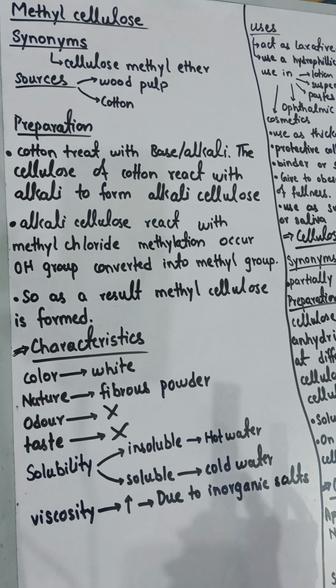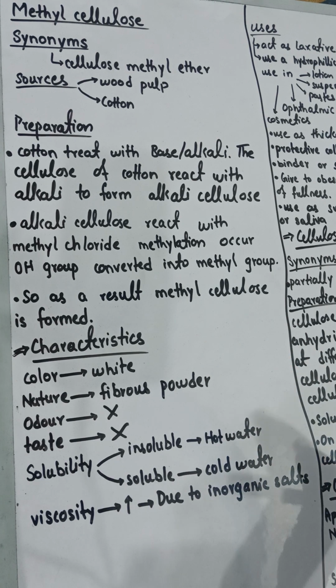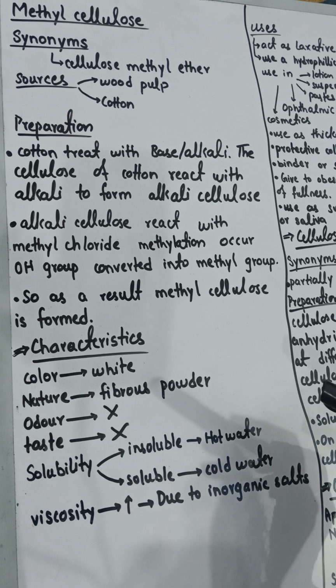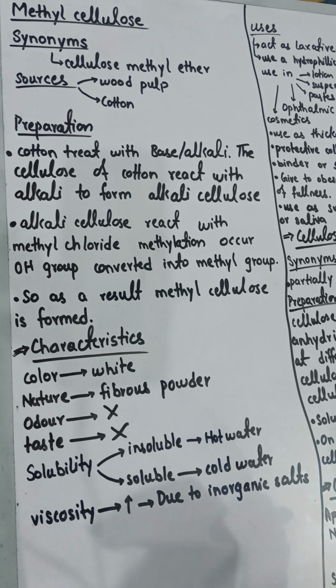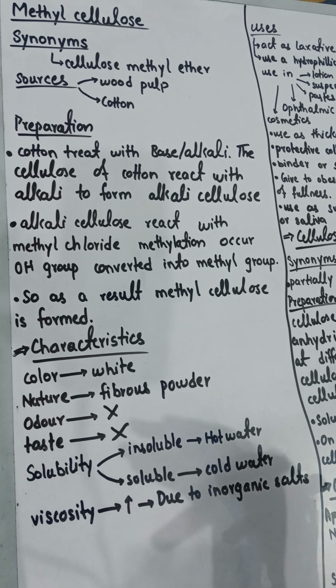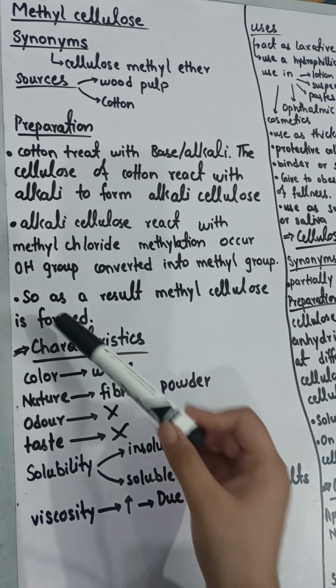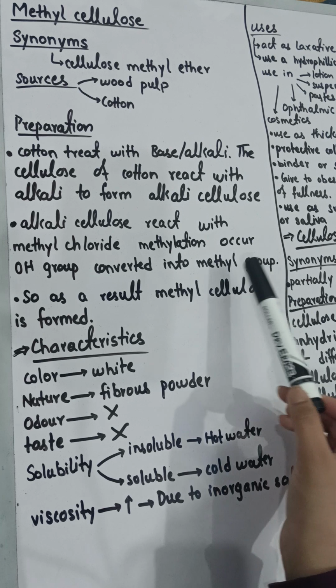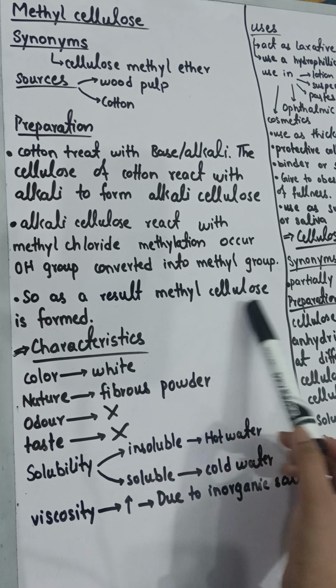What is meant by methylation? To add the methyl group. Now this methyl group is added in the formula of cellulose. Cellulose is actually a compound made by 1,4 beta glycosidic bonds between glucose units. On the glucose, instead of hydroxyl groups, methyl groups are attached and they form methyl cellulose.